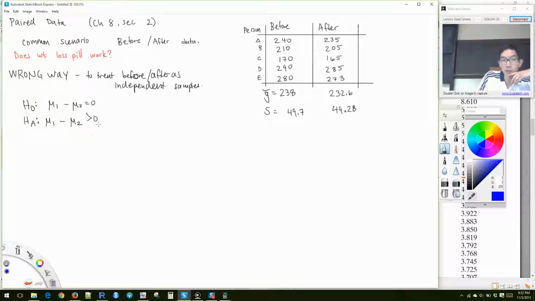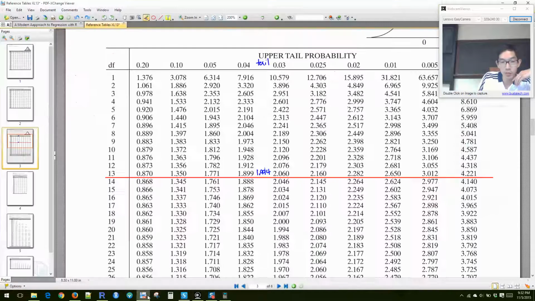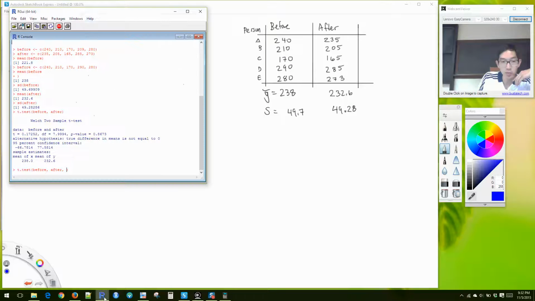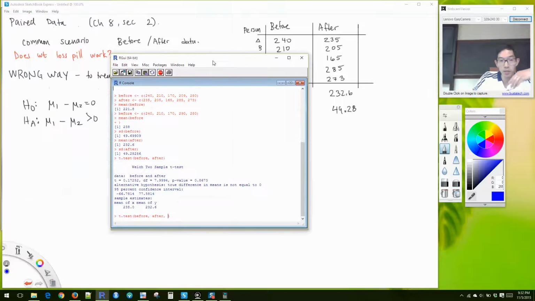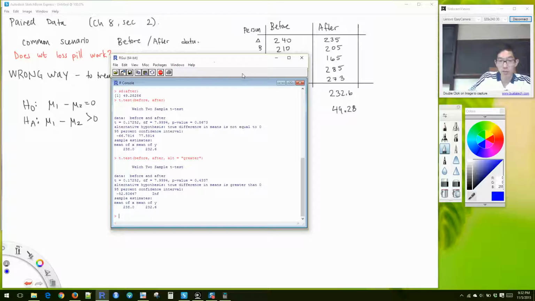So we're expecting the after to be smaller than the before. So here I would write alternative is equal to greater, that before minus after is greater than 0, and in this case I have 0.4337.